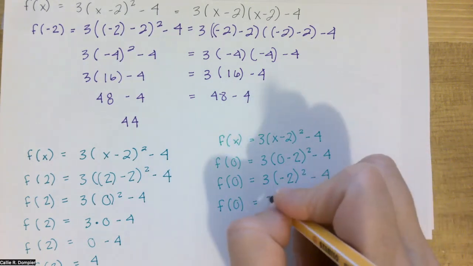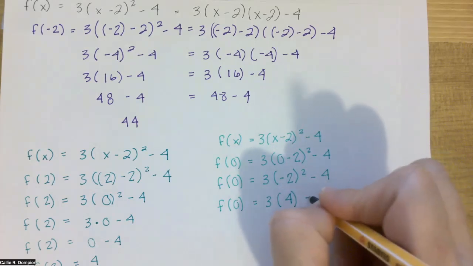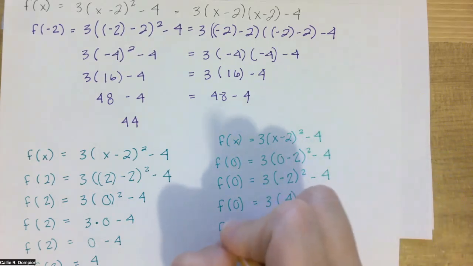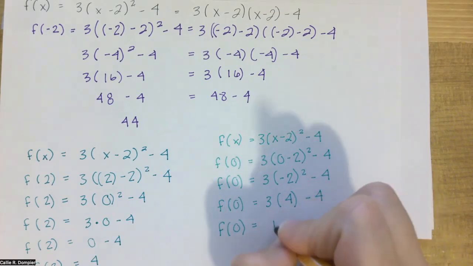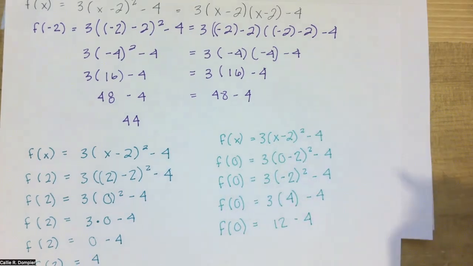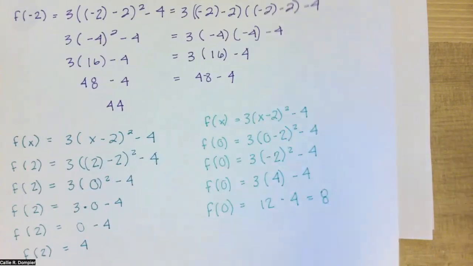Negative 2 squared is positive 4. Negative times the negative becomes a positive. 2 times 2 is 4, minus 4. 3 times 4 is 12 minus 4, which is 8. So f of 0 is 8.